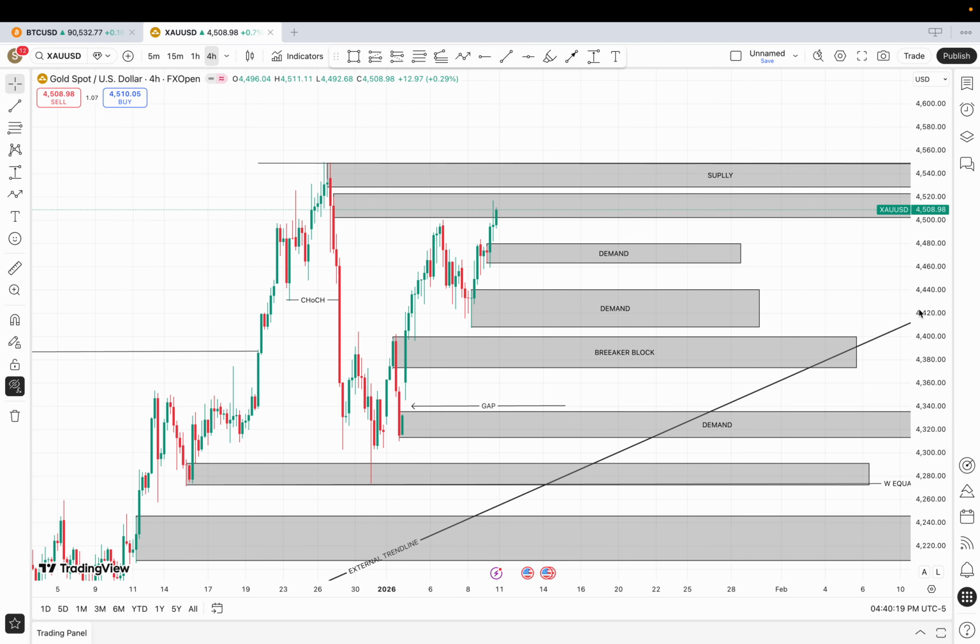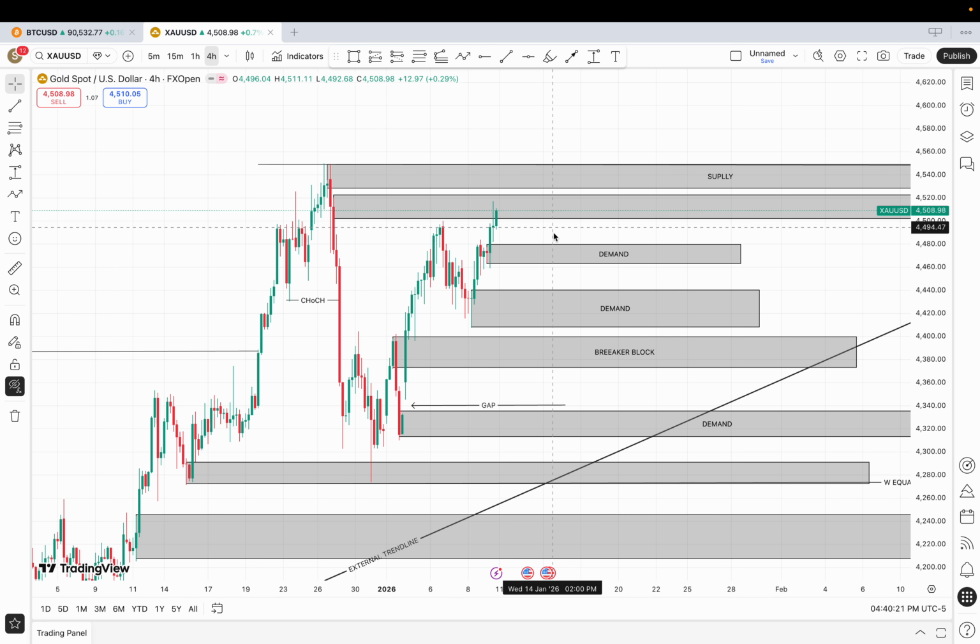And if we buy, if it's not able to, we could just buy here, stop loss beneath. If it fails, we go for this one, stop below. If we go here, stop loss below this. If it comes here, stop loss below this. So your stop loss is always going to be small and your reward is going to be huge.